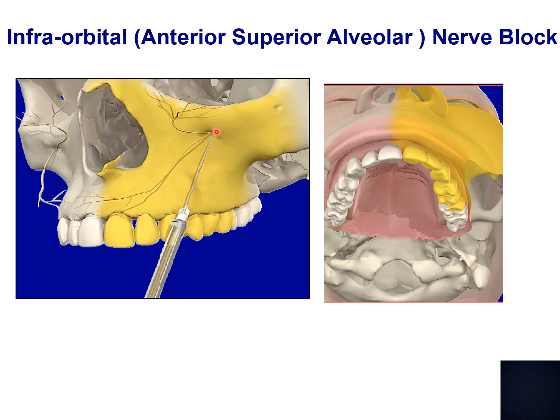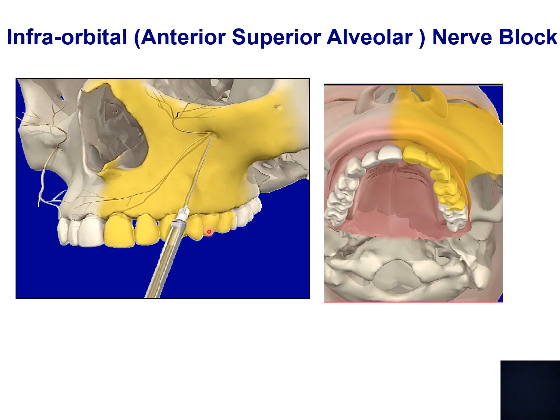So the termination of the maxillary nerve can be anesthetized by giving an infraorbital nerve block in the region of the infraorbital foramen. The block is administered intraorally and, when effective, results in anesthesia of the incisors, canines, the premolars, the mesiobuccal root of the upper six, and also all the labiobuccal soft tissues, plus the upper lip as well as the cheek.